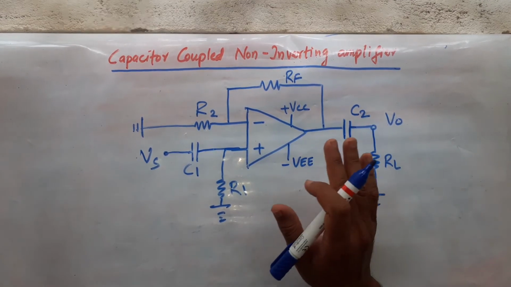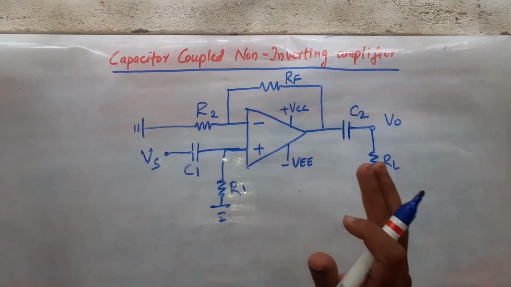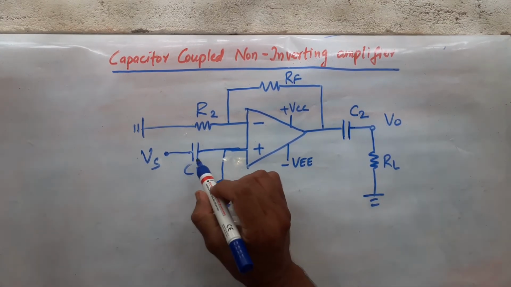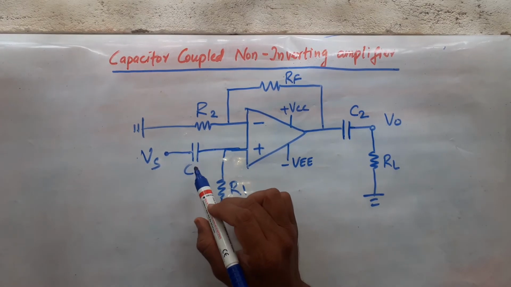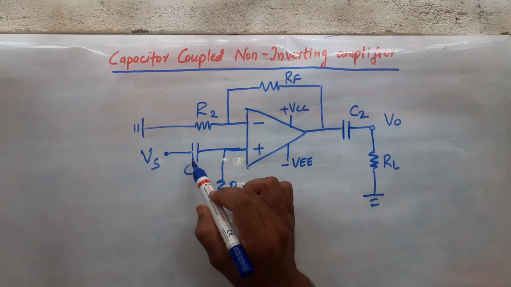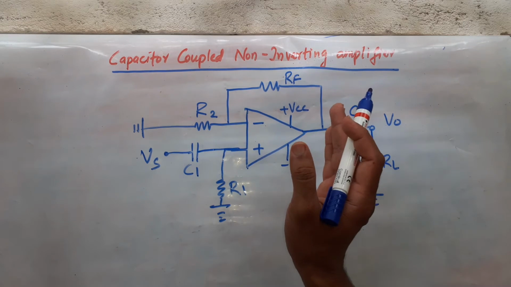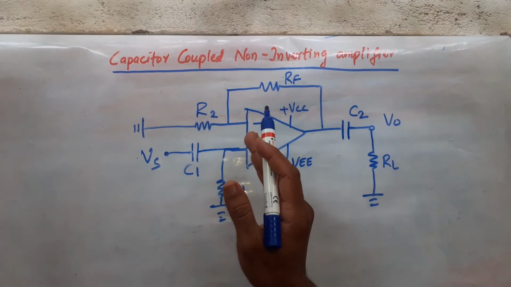We don't want any unwanted DC to be present in the signal. So even if DC is present in the signal, DC will be blocked by this capacitor. DC cannot cross over your capacitor, it will be blocked. Only AC will be passing.